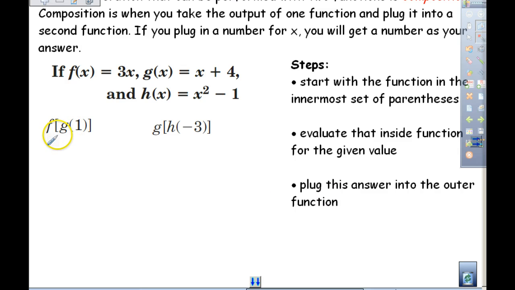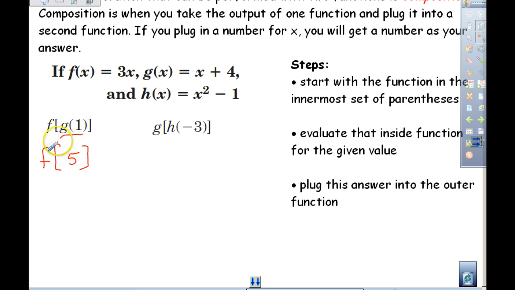So for instance, this says, find out what g of 1 is, get that answer, plug it into f. So we say, okay, g of 1, I know how to do that. There's the g function. G of 1 would be 1 plus 4. So g of 1 equals 5. So that's kind of like that first part we just did.